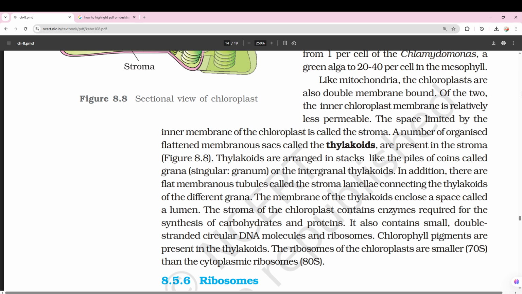It also contains small double-stranded circular DNA molecules and ribosomes. Chlorophyll pigments are present in the thylakoids. The ribosomes of the chloroplast are smaller, 70S, as in mitochondria, than the cytoplasmic ribosomes, which are 80S.